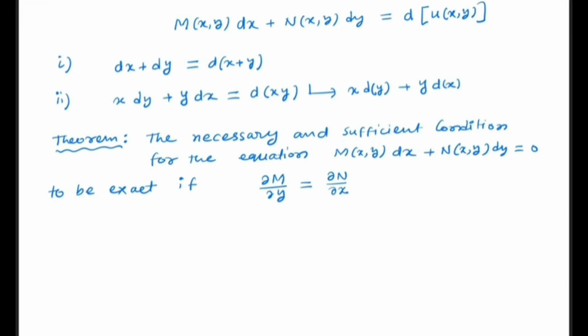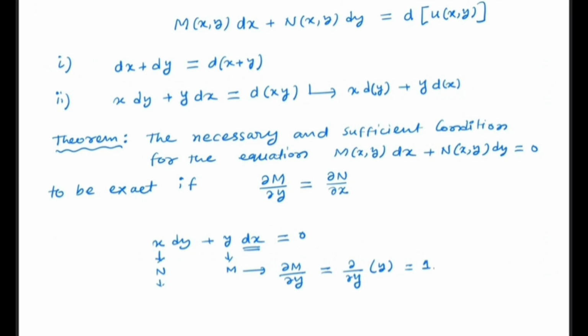Now go back to the second example, where we take x dy + y dx = 0. Note that here M is the coefficient of dx, and the other one is N. So ∂M/∂y is the partial derivative of y with respect to y, which is 1.